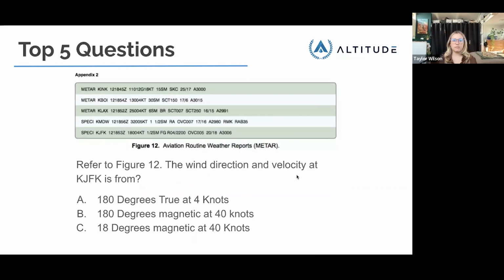The wind direction and velocity at JFK is from... they're going to give us quite a few METARs here, and we're looking for JFK, and they're asking us for the wind direction and velocity. Yeah, one answer in there. Let anybody else answer?